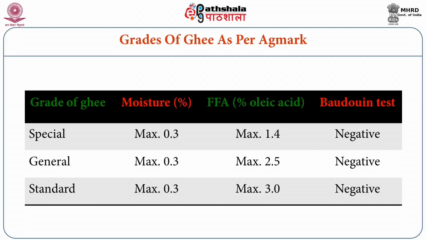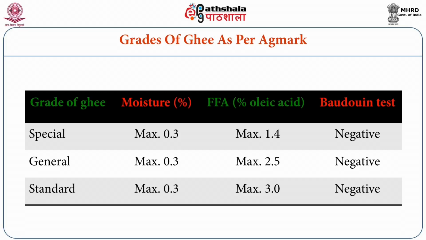However, in terms of free fatty acids expressed as percent oleic acid, lower the FFA content, greater is the quality of the raw material which you have used in ghee making, and you can expect greater shelf life when you are storing such product for a span of, say, 1 year at ambient temperature.